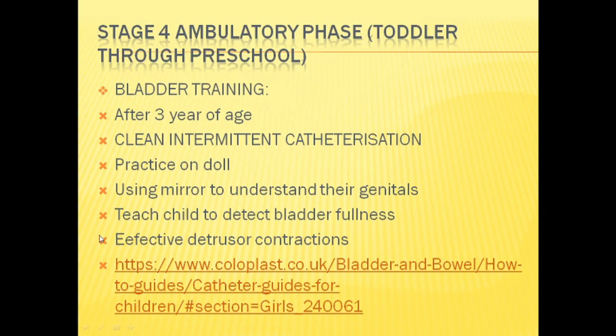And teach them how to identify whether their bladder is full or not. Then teach them when the bladder is full, they can first use Crede maneuver or Valsalva maneuver for voiding. After trying several times by these voluntary methods, they can use a catheter to void the urine.